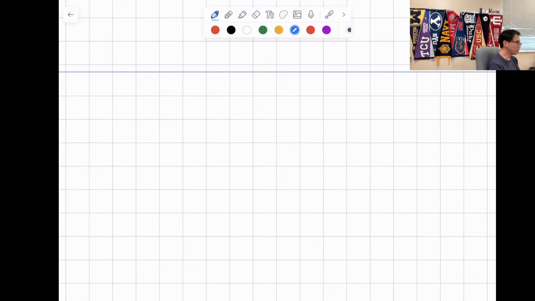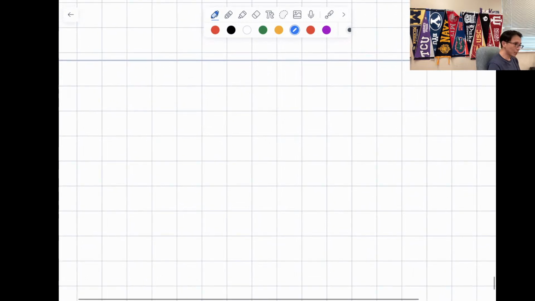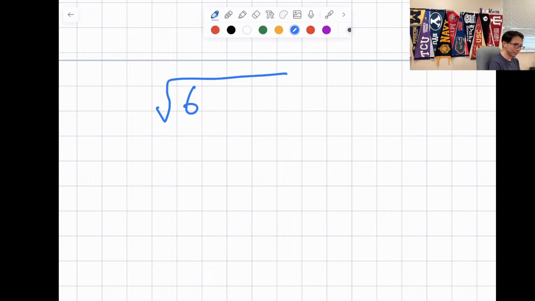Okay, before we get there, I'm gonna teach you how to simplify more radicals. Sometimes you're gonna get something like this. Actually, let's not do 6, let's do 8. X to the 4th, y to the 9th.